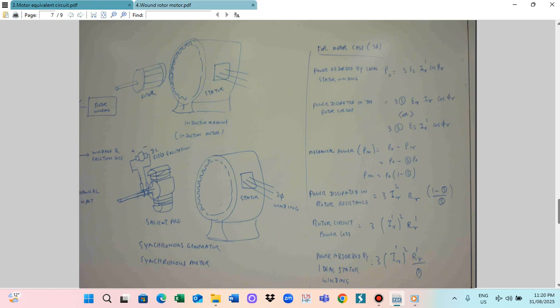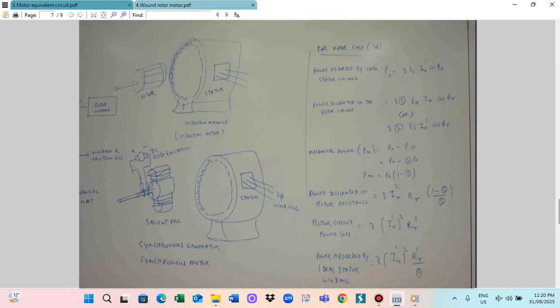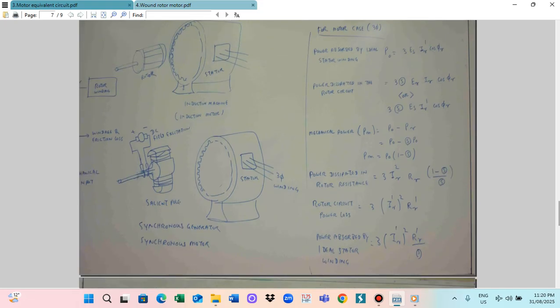Most three-phase induction motors are constructed for one, and most synchronous motors are constructed for the other. So this is for the application of the principle. Now I will give you the formulas to calculate the power absorbed by the stator winding, power dissipated in the rotor circuit, mechanical power developed in the rotor resistance, rotor circuit power loss, and mechanical power output.